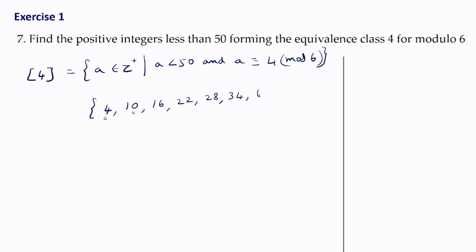Then 34 plus 6, 40. Then 40 plus 6, 46. The next number is 46 plus 6, 52. But here we want those positive integers less than 50. So we do not have 52. It stops with 46. So this is the equivalence class of 4 for modulo 6.